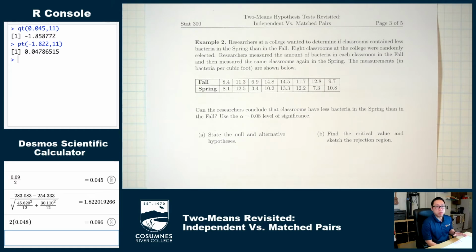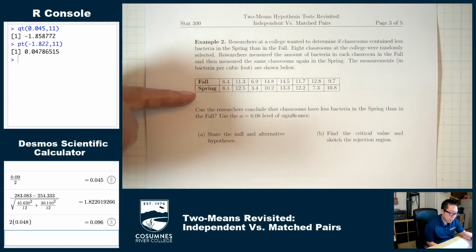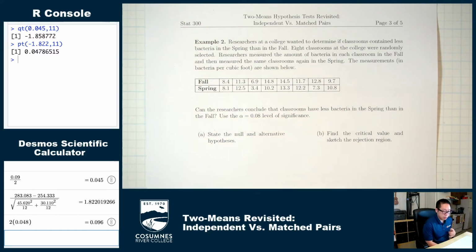First question we need to ask ourselves is, is this an independent or is this a matched situation? Ask yourself, is this one of those 2 main matched situations, which are: are these two measurements on the same person or thing, or are the people in one group related somehow to the people in the other? So read the description again carefully.